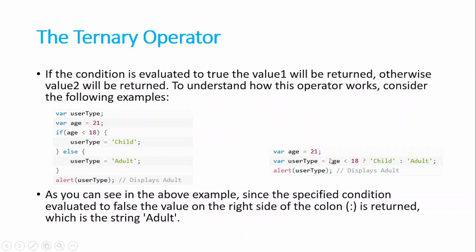This is kind of an if statement, and it is checking if age is less than 18. Then we use the question mark, and if it is true, the first value after the question mark will be returned and assigned to this user type variable. Otherwise, adult will be returned, and that will be assigned to user type.